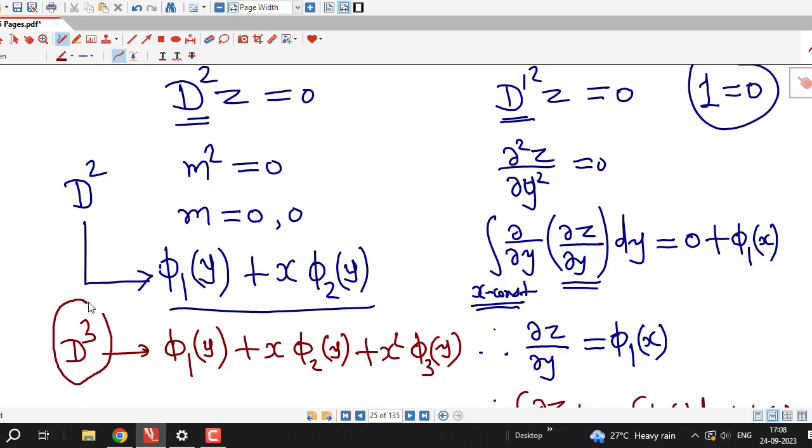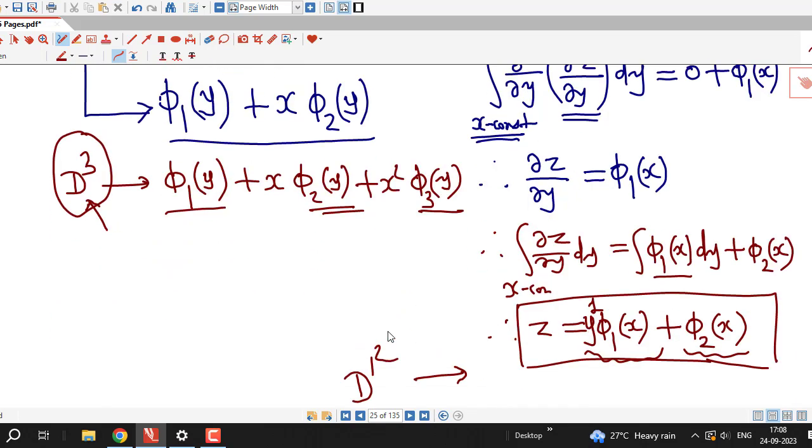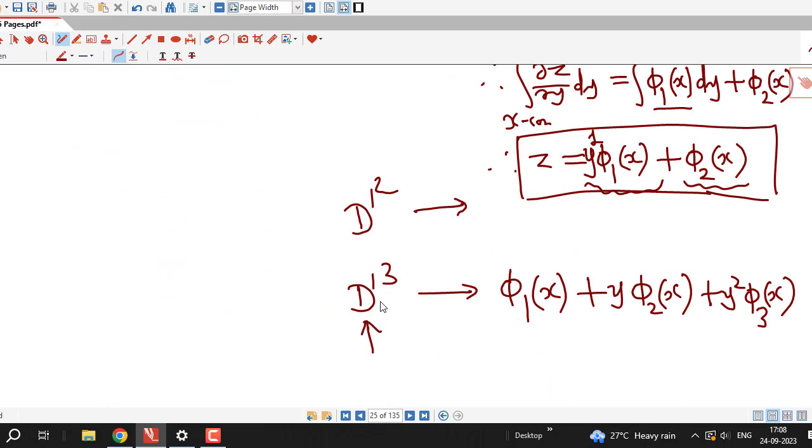If I have D raised to 3 here, then I will write 3 arbitrary functions of y and I will keep multiplying up to second power of x. Similarly, if I have D dash to the power 3, then I will consider 3 arbitrary functions of x, and I will multiply up to y square.